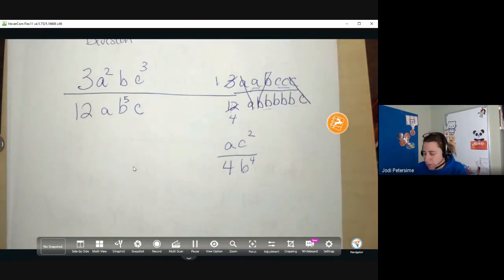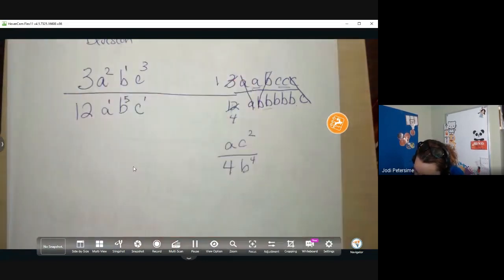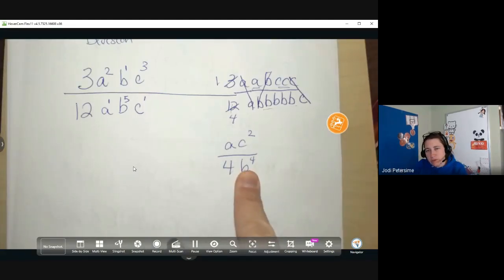So what did I really do with these exponents? Subtract them. Yeah, how do I decide where they go? Because I ended up with a b to the fourth in the bottom. Anybody? Wherever there's more of them? Yeah, wherever there's more.